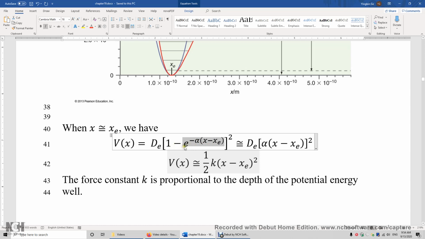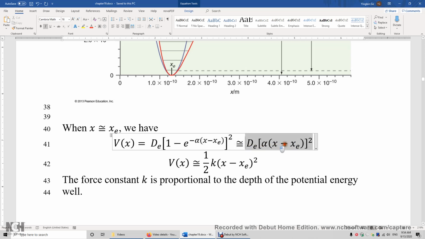Okay, so it's going to be just alpha times the displacement squared. So this is an approximation to this Morse potential. This approximation is accurate only if x is very close to x sub e, or the displacement is very small.